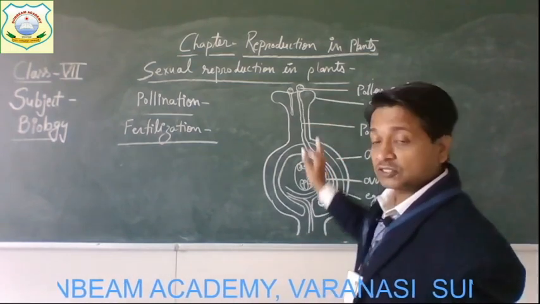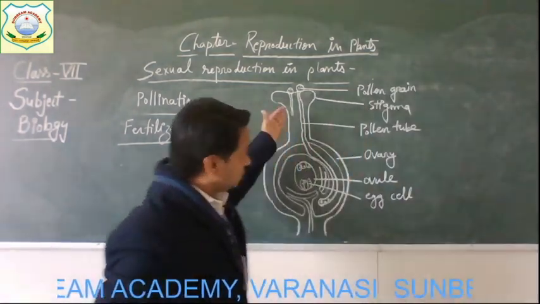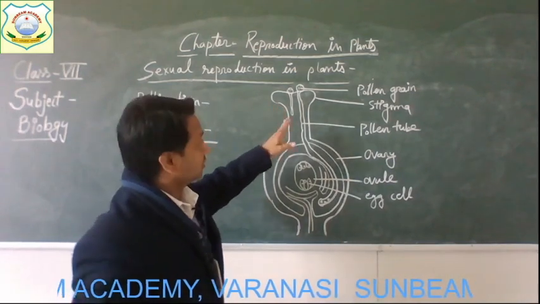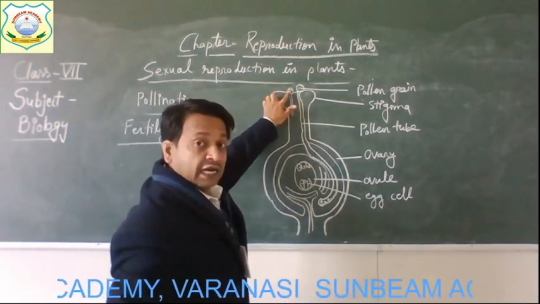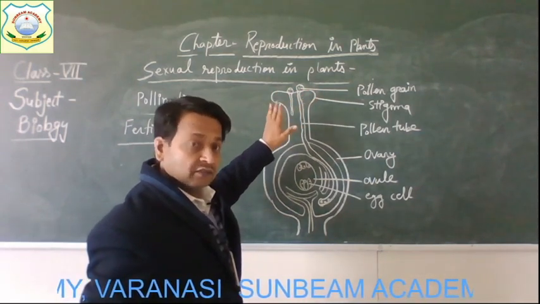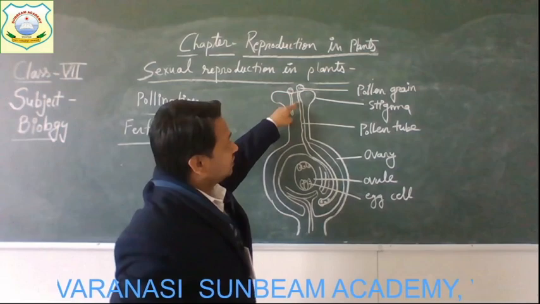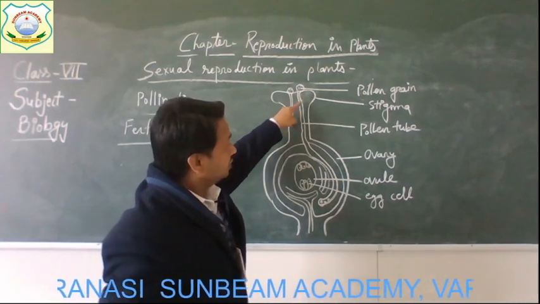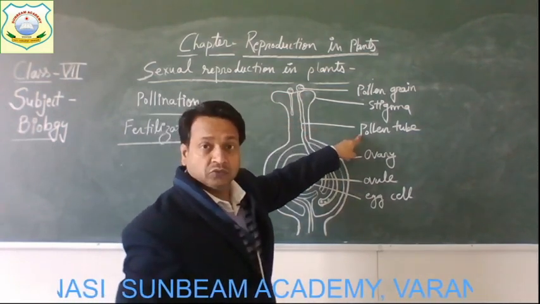Okay, so this is the structure by which you can understand the process of fertilization. The pollen grains settle on the stigma of flowers. There they start germinating and form the tube which is known as the pollen tube.